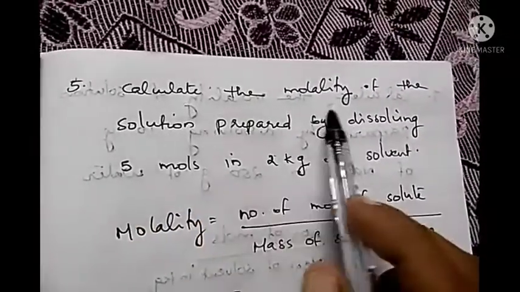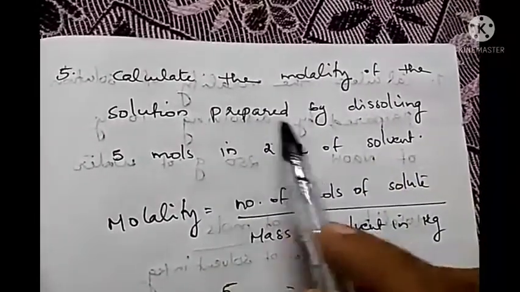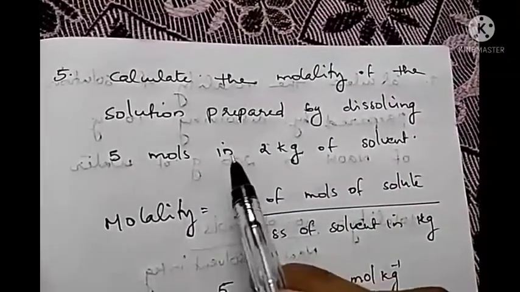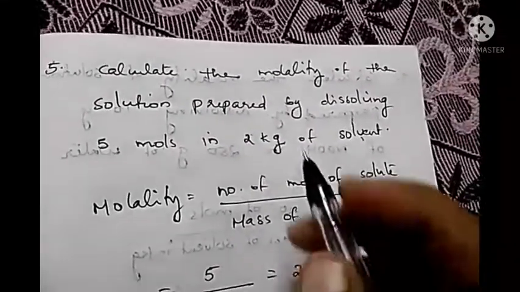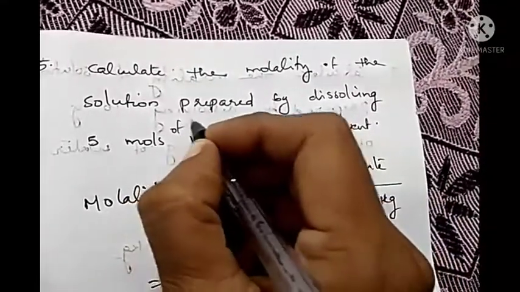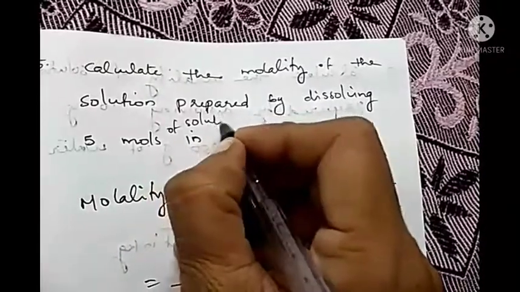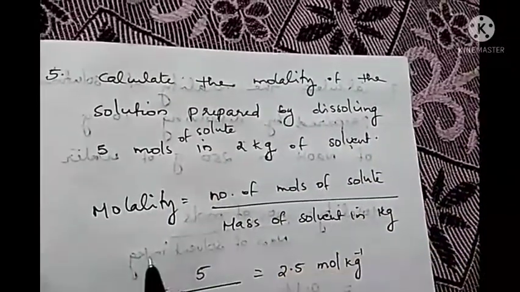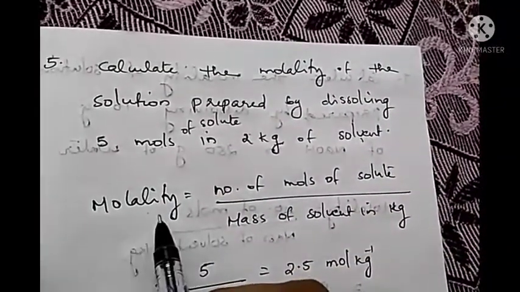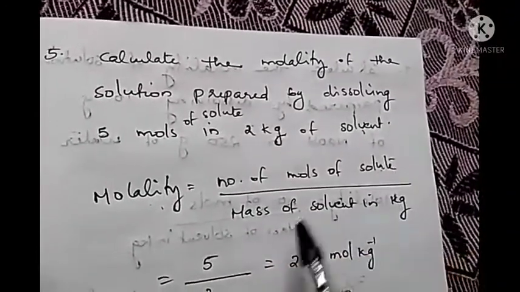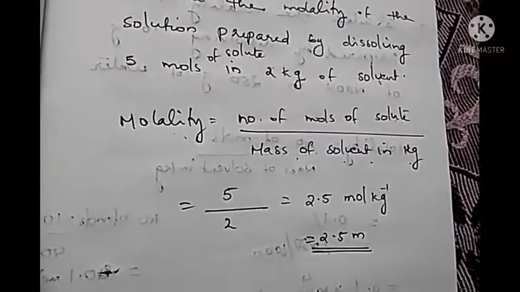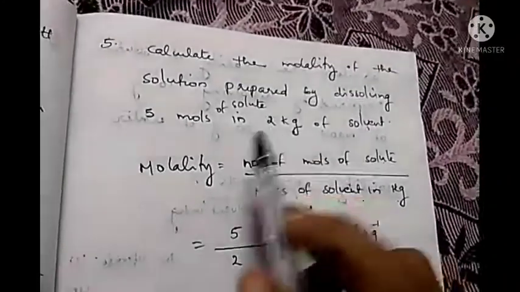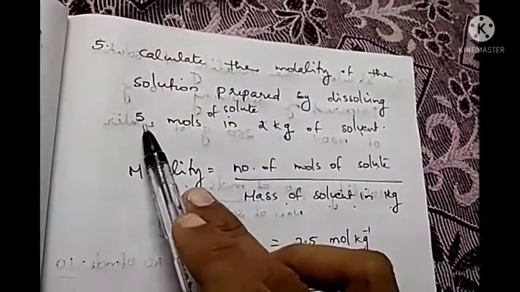Clear? Now the next question is to calculate the molality of the solution prepared by dissolving 5 moles of solute in 2 kilogram of solvent. What is the formula to calculate molality? Number of moles of solute divided by mass of solvent in kilogram. That is known as its molality. Here the number of moles of the solute is given directly, that is 5 moles.